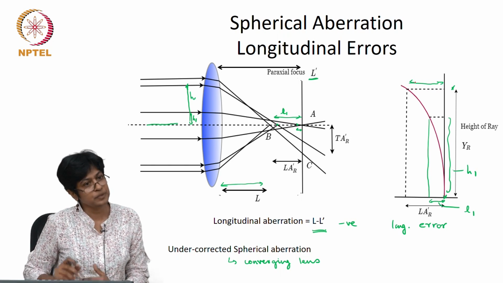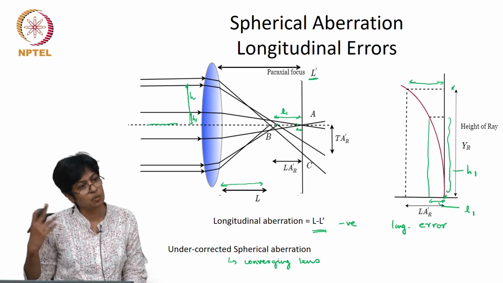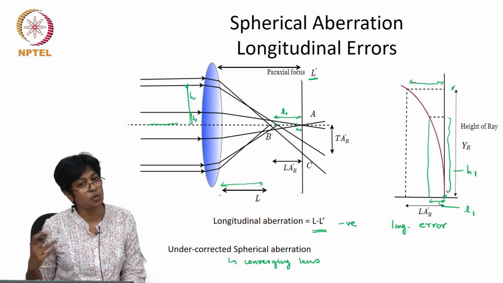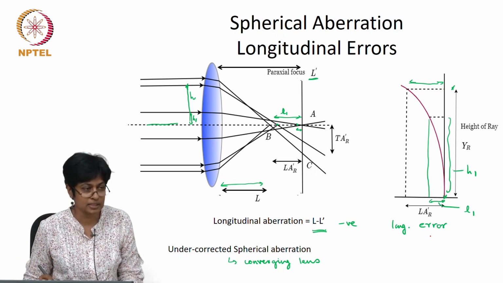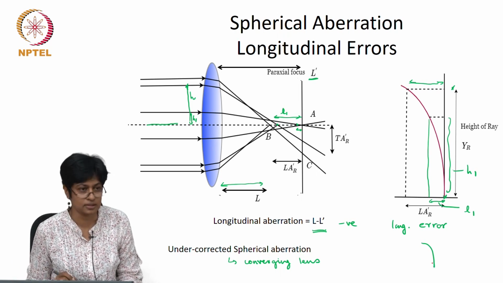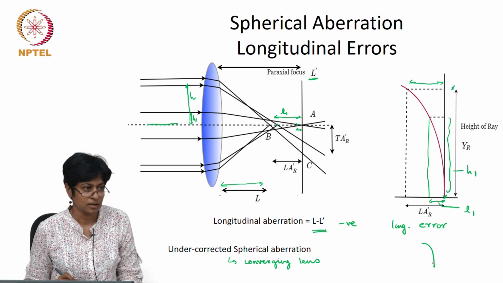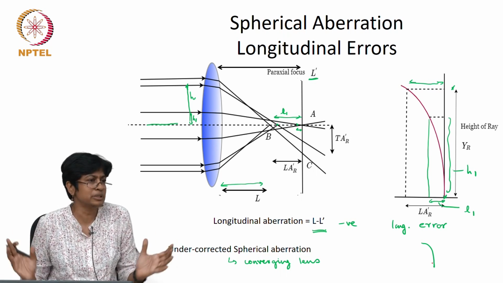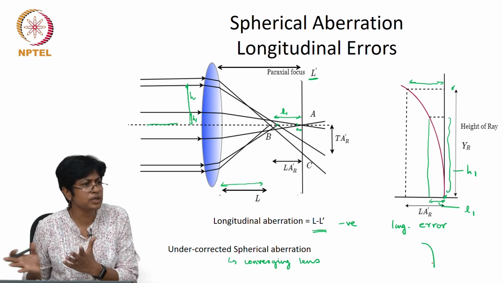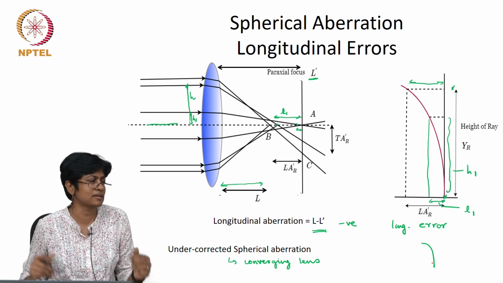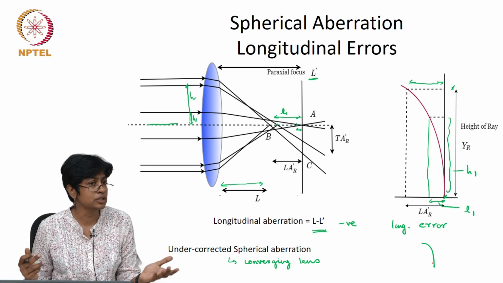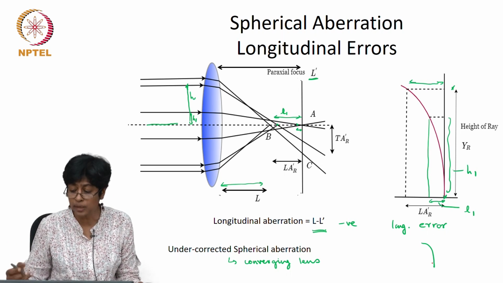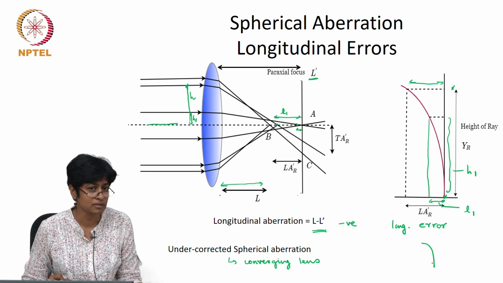Just by looking at these curves, you should now be getting a sense of how you could do a correction. In this case, I have the longitudinal error like this. Intuitively, what is the best case when I have no error? What should this graph look like?